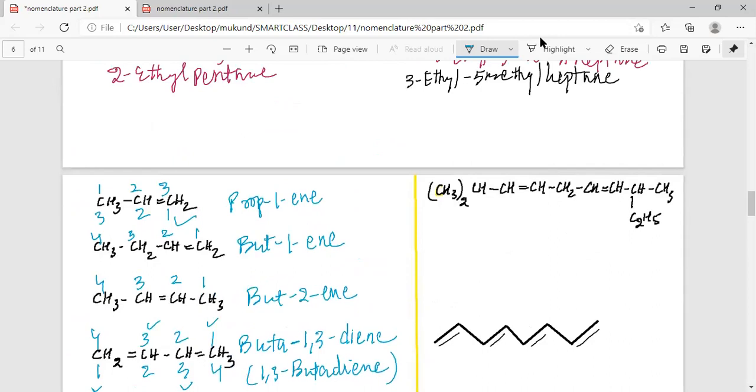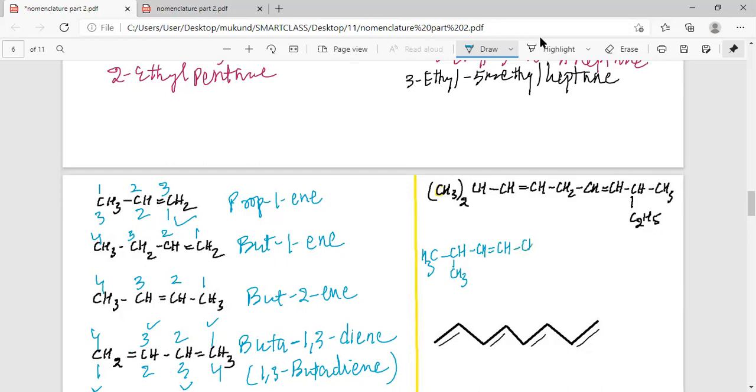Let us look at this compound. This is the compound where this CH has got 2 CH3. I'll have to draw the structure once again. This CH has got 2 CH3 this way. Then, my dear students, we again have CH, that is bonded with a double bond to another CH.